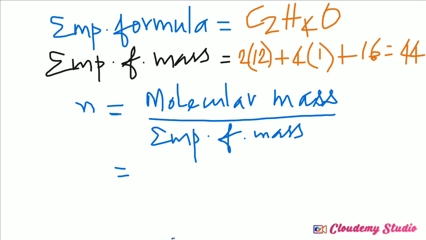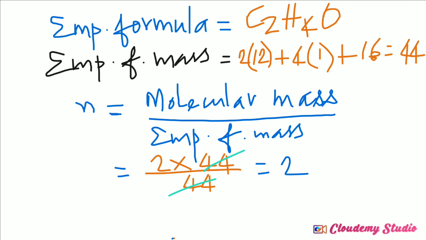So now n is 2 times 44 divided by the empirical formula mass. The empirical formula mass we have got is 44. So 2 times 44 divided by 44. If we simplify, this 44 will be cancelled. So the result is 2.